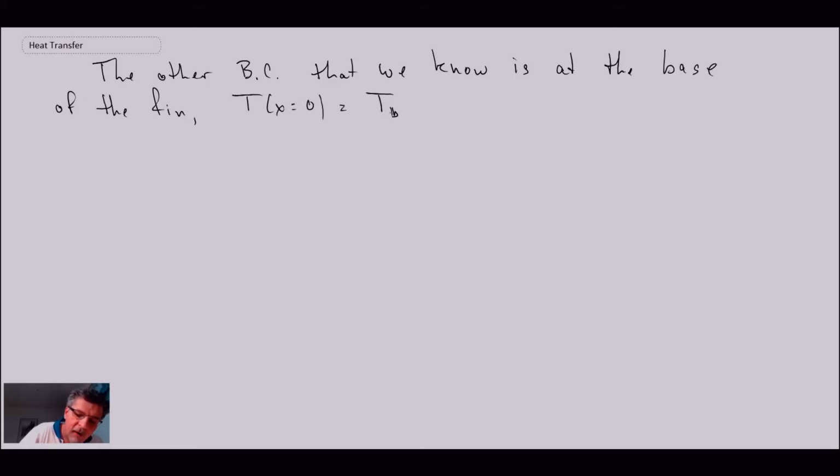If you recall from our schematic, we said the temperature at x equals 0 is equal to Tb, the base temperature. So we can write theta base at x equals 0 is Tb minus T infinity, or the free stream fluid temperature.